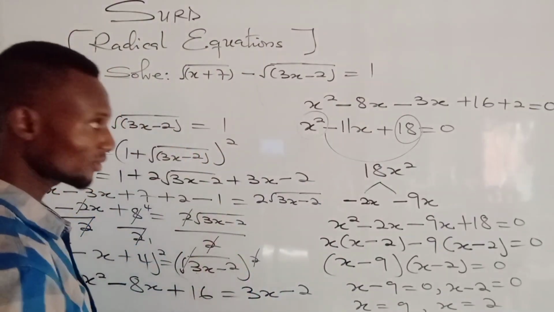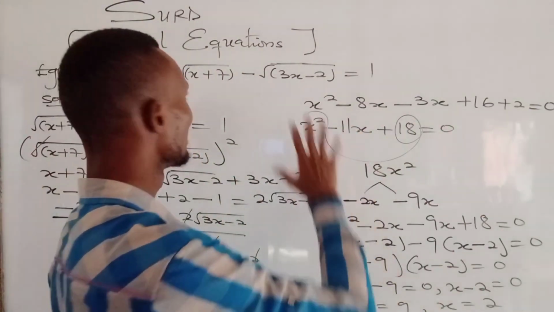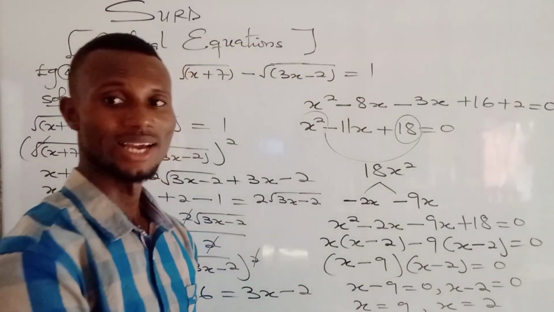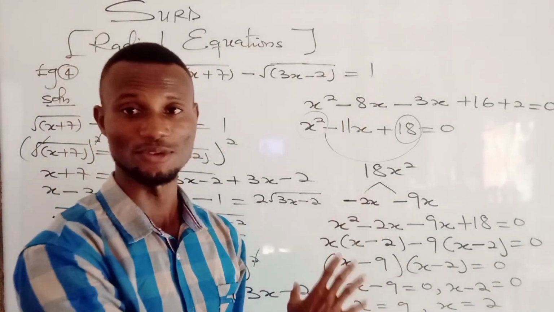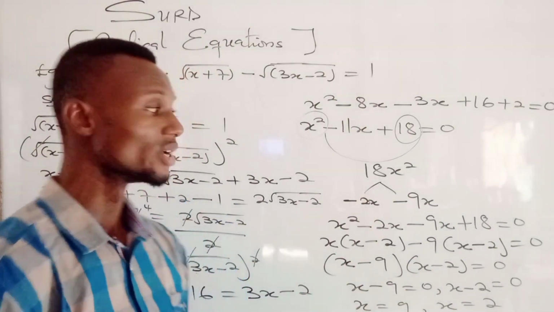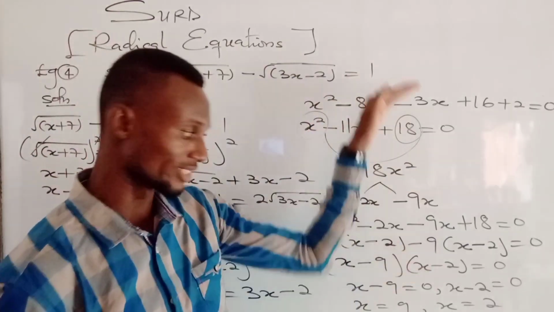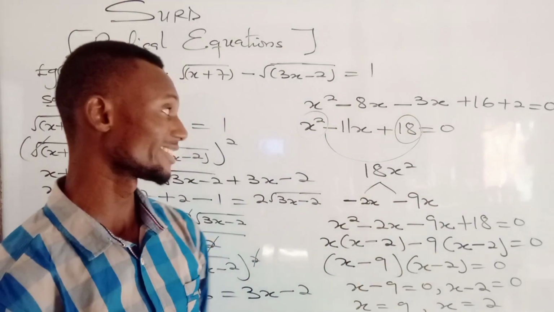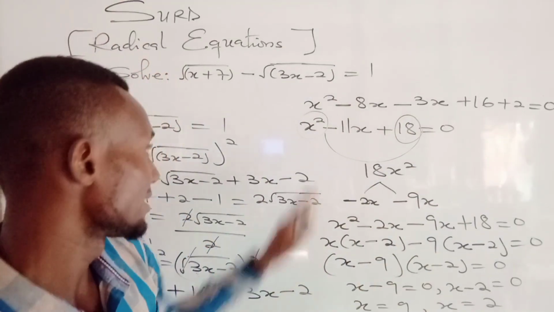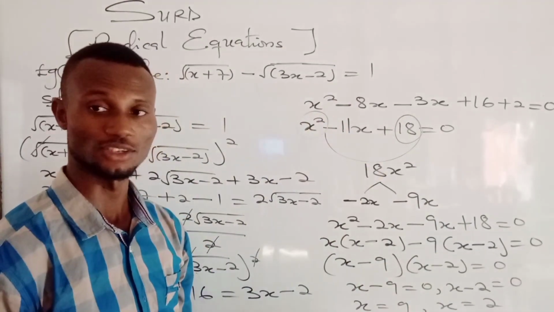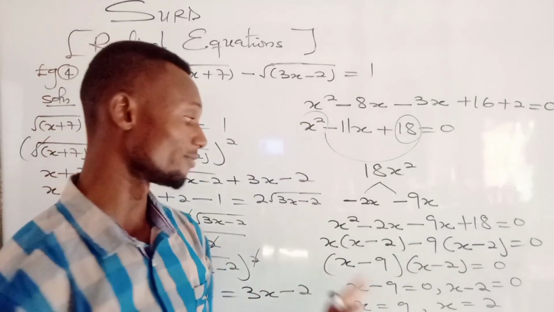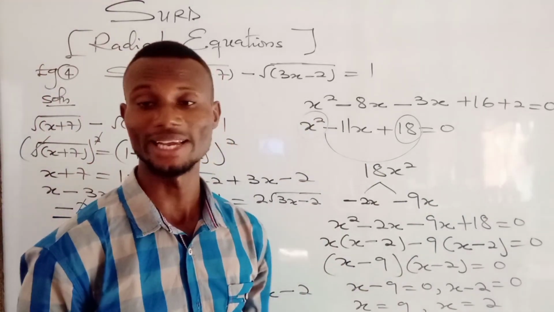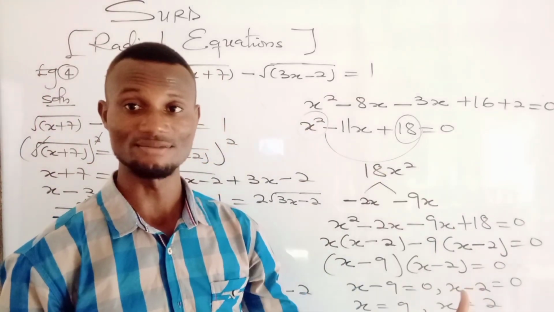Looking at how things are from here, I need to clean a portion of it before we can do the testing. I hope you understand the process up to here. So I'm going to clean this side so that we can do the testing to see which values of the s that you've gotten satisfy the given equation.